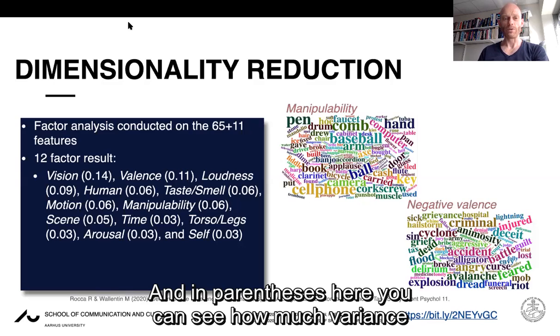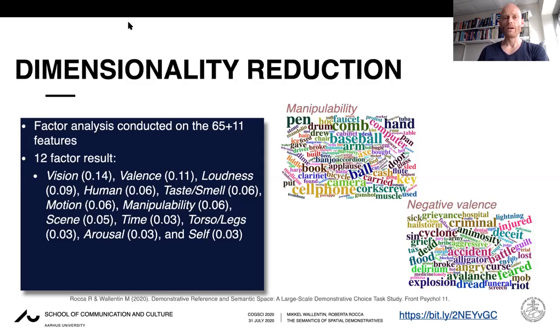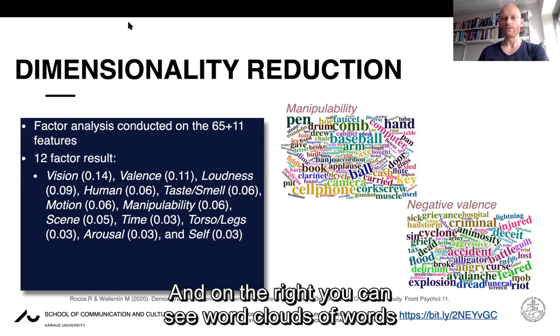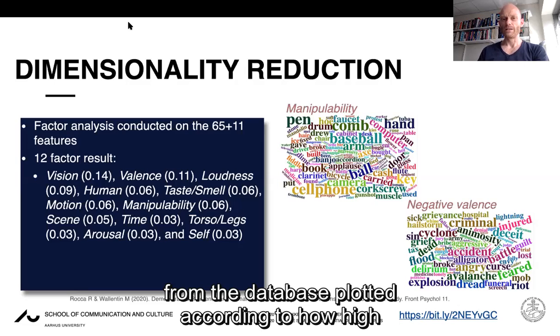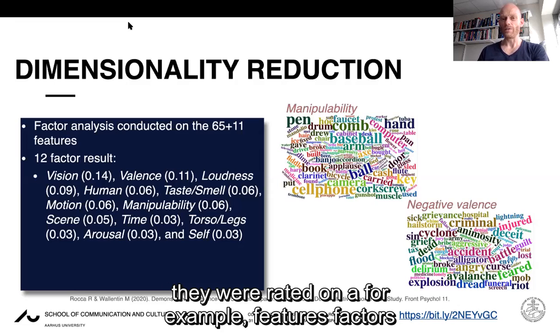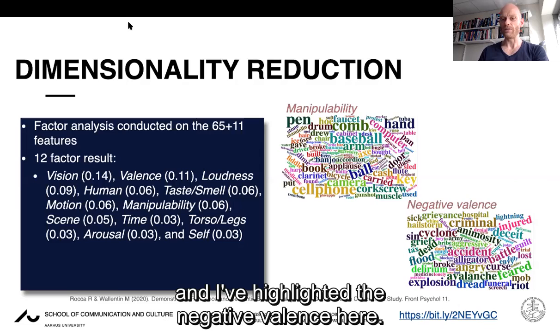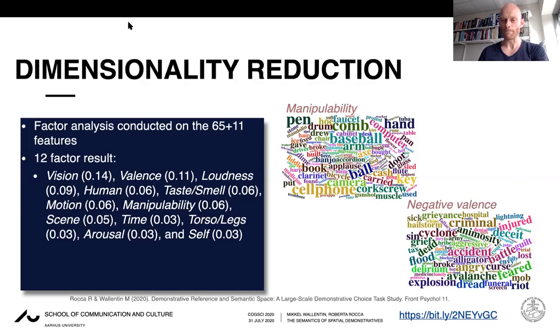And in parentheses here you can see how much variance each of these factors explained in the 76 dimensions. And on the right you can see word clouds of words from the database plotted according to how high they were rated on example factors. Here's manipulability and valence, and I've highlighted the negative valence here.